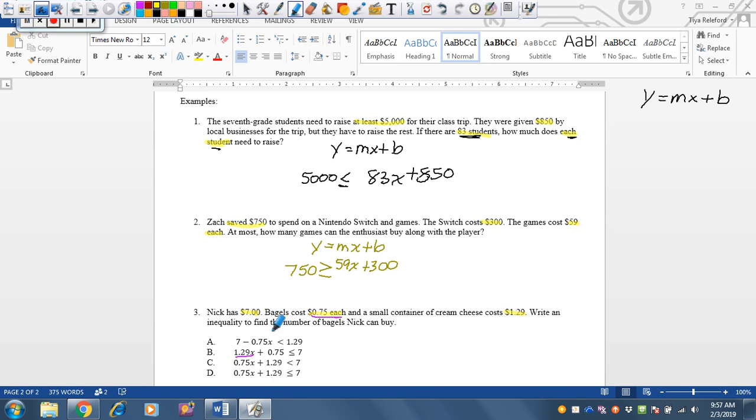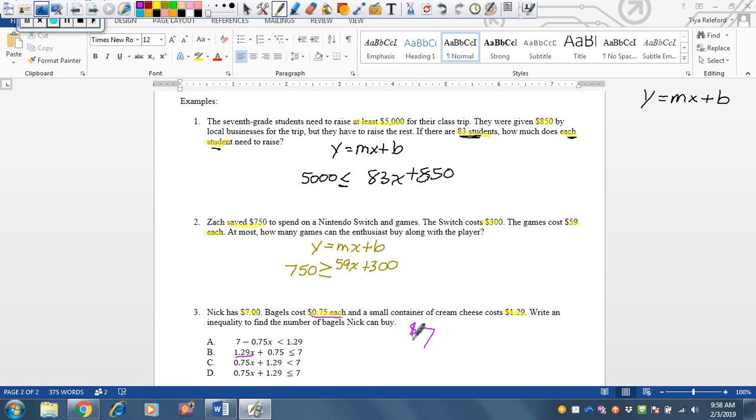So we've got to have 75 cents each and the bagels, and he only has $7. Now, is the alligator going to have to eat the $7 or look away from the $7? $7.